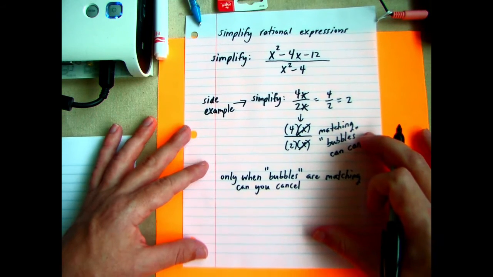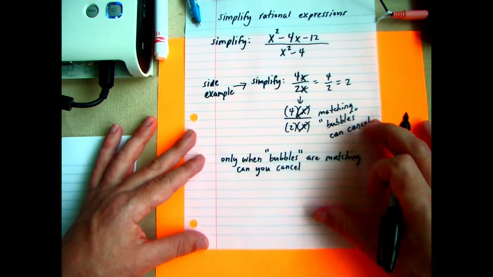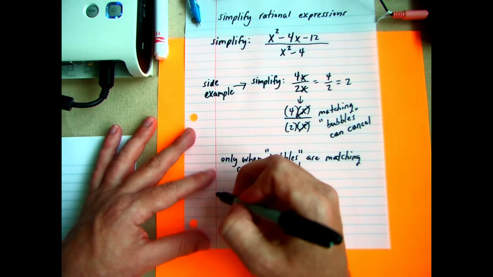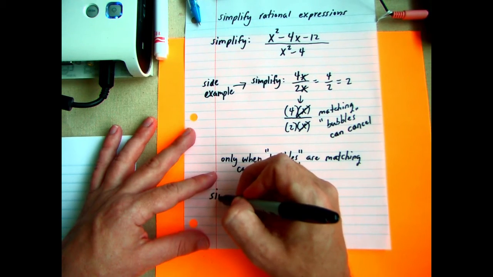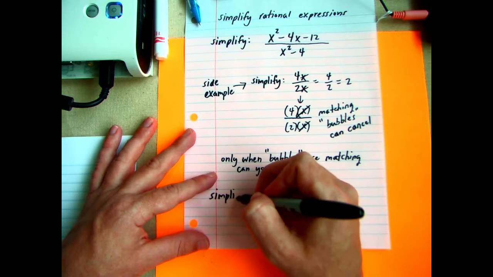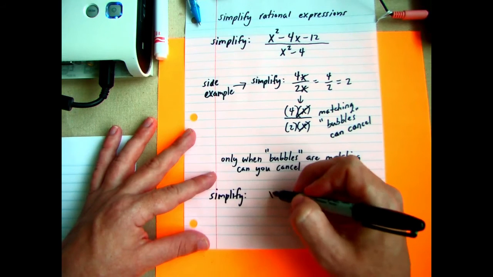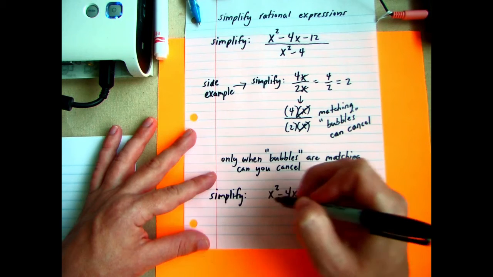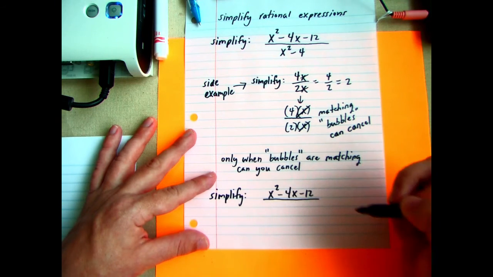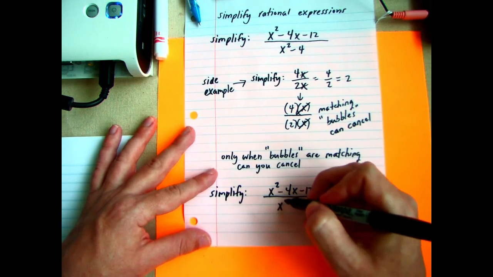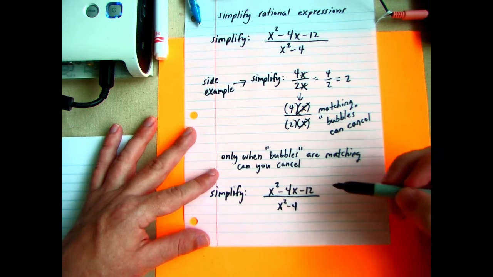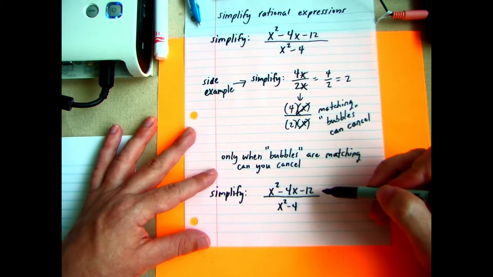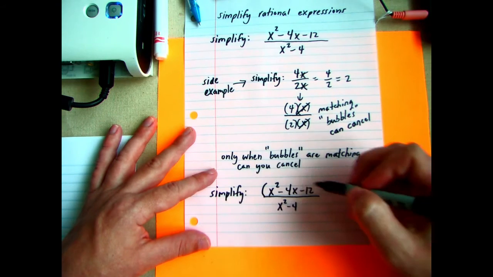So if you look back to our original example, x squared minus 4x minus 12 all over x squared minus 4, where is the bubble in the numerator? Well, the bubble is around the entire thing. Same thing with the bubble in the denominator. The bubble is around the entire denominator.